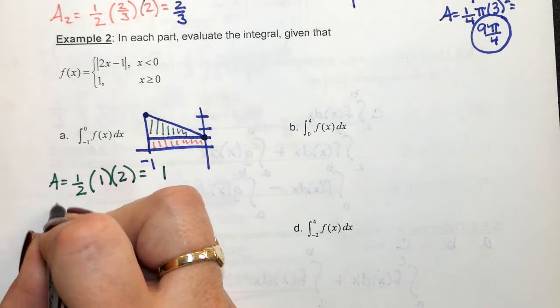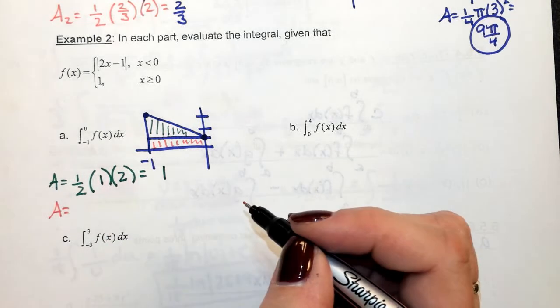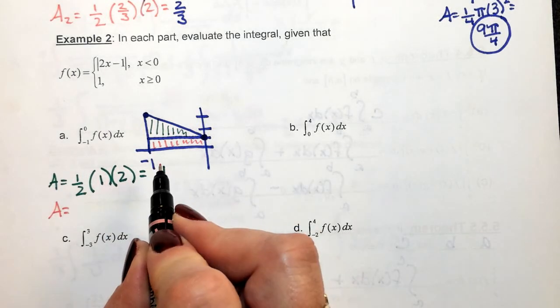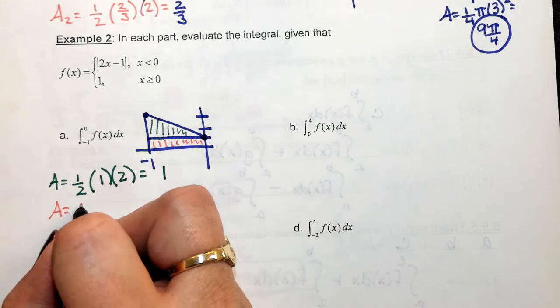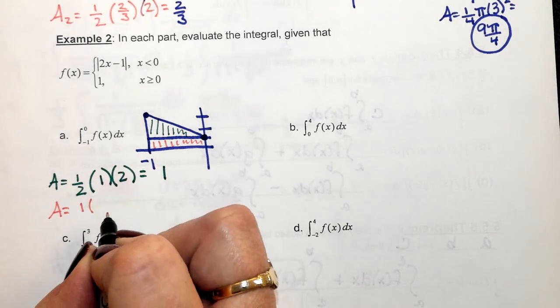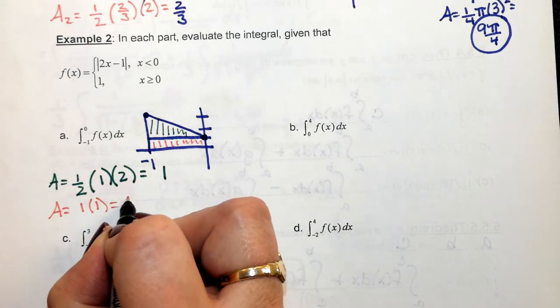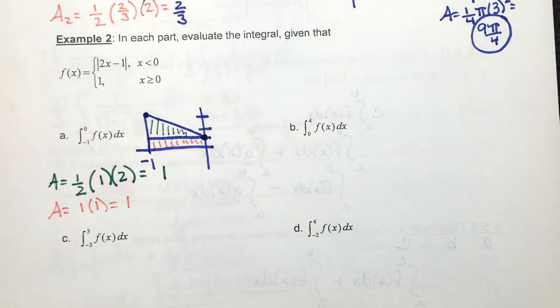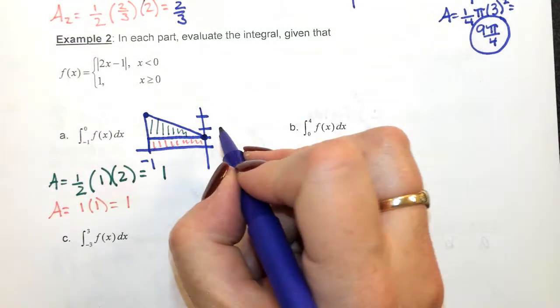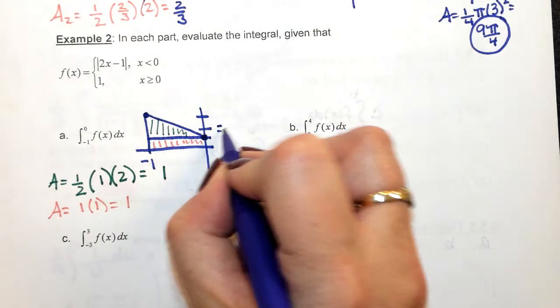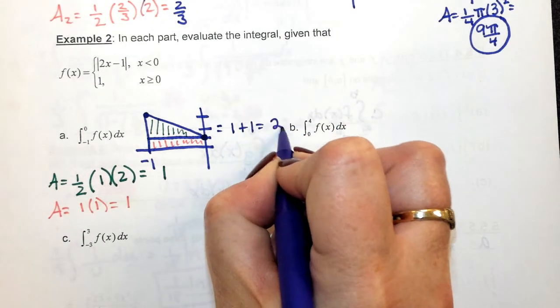Now the area of the rectangle, base times height. What's the length of the base of this rectangle? The base is what? 1. The height of the rectangle is 1. So 1 times 1 is 1. So to calculate the area, going from -1 to 0, it's going to be 1 plus 1, which is going to give me a 2.